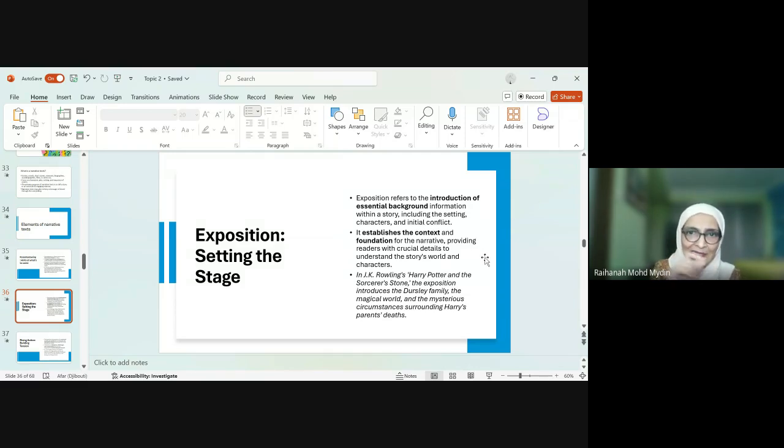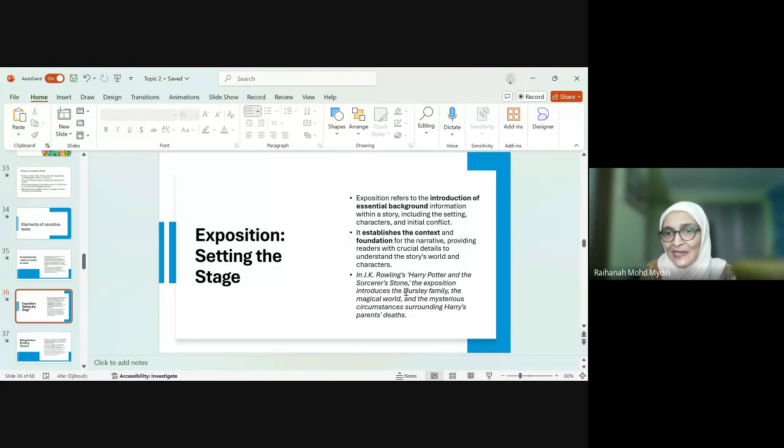Usually, in a classic Aristotle's plot line, if you draw a plot line in a pyramid shape, as the story is being unfolded, the exposition is happening, then the rising action happens, right? So you see, for instance, in Rowling's Harry Potter and the Sorcerer's Stone, the exposition is when the writer introduces us to Harry Potter's backstory.